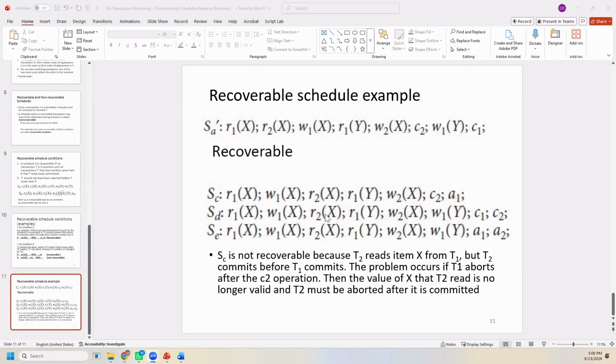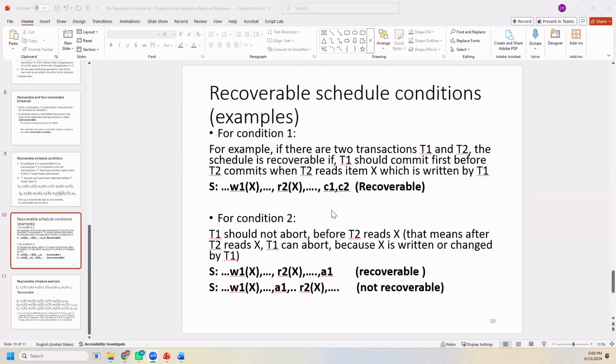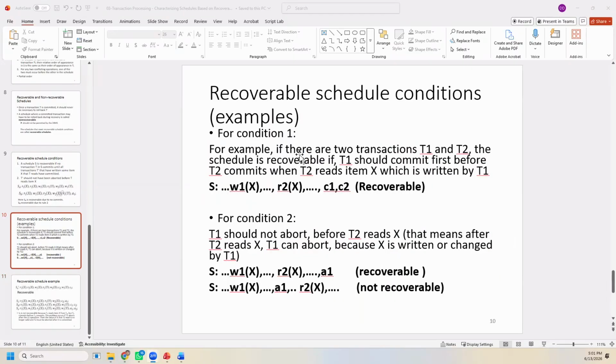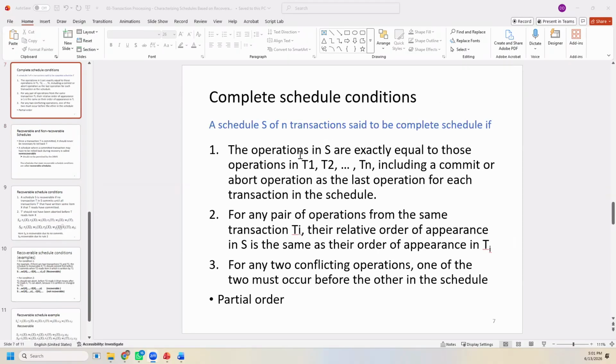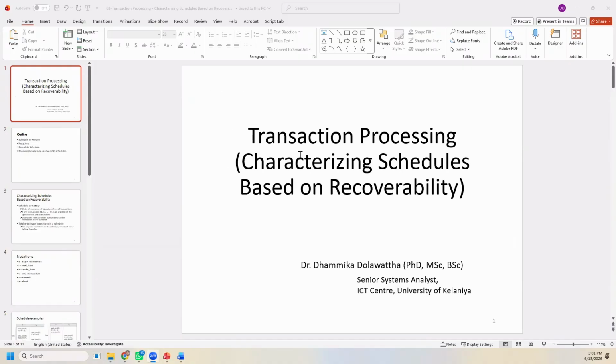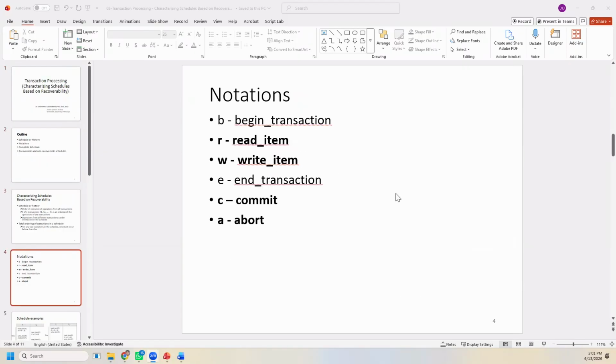I think you can understand it, and it's a simple thing behind these recoverable and non-recoverable schedules. So you can understand easily. Okay, that's it. Recoverable schedules, and also this second lecture, characterizing schedules based on recoverability, right?